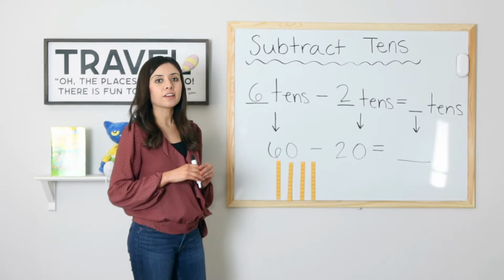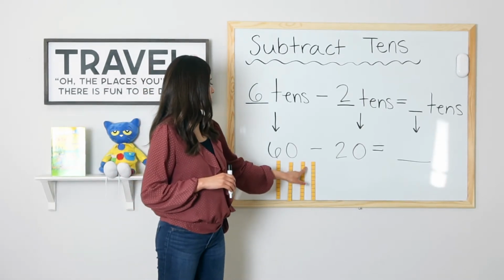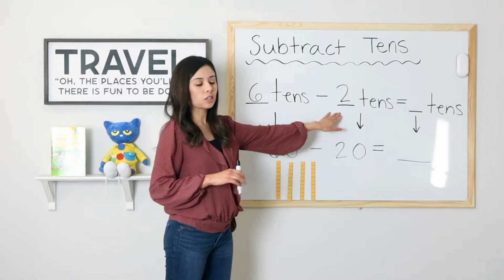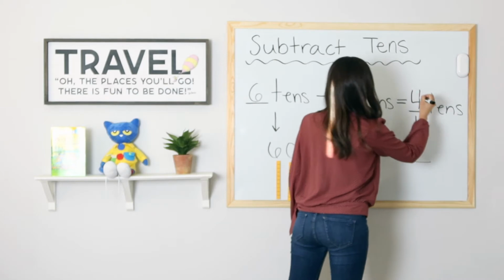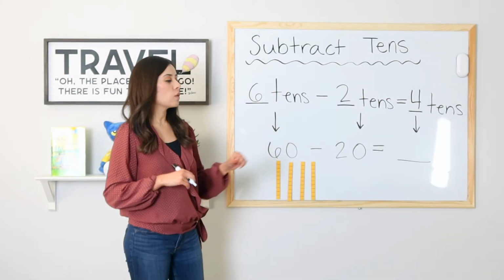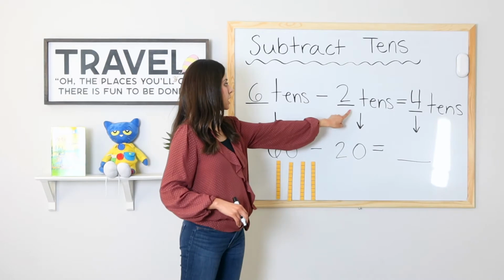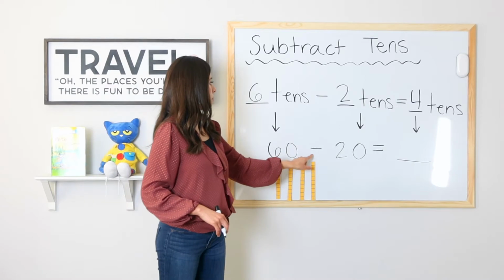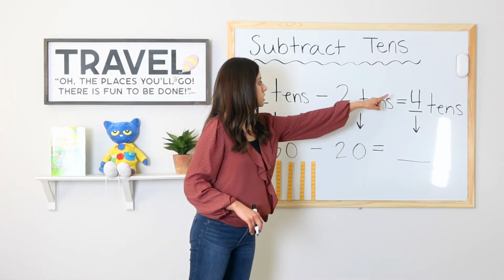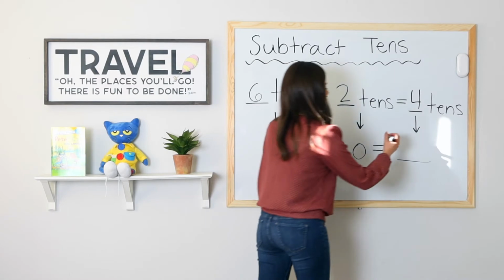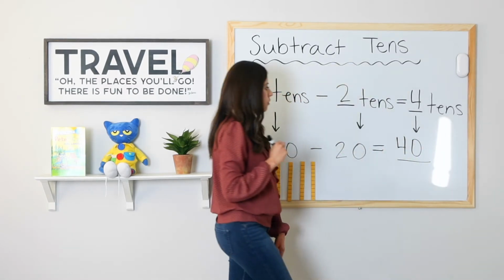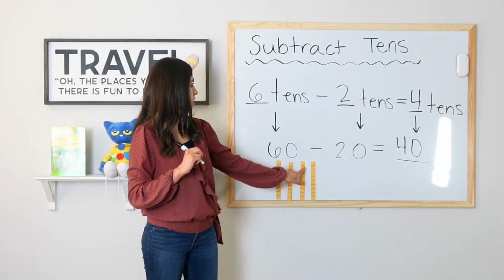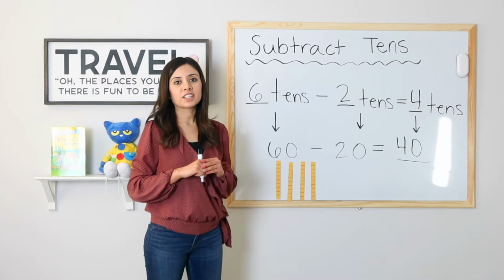How many tens are left? 1, 2, 3, 4. 6 tens minus 2 tens equals 4 tens. Very good. So if 6 tens minus 2 tens equals 4 tens, that means 60 minus 20 equals 40. 4 tens equals 40. Watch. 10, 20, 30, 40. Very good.